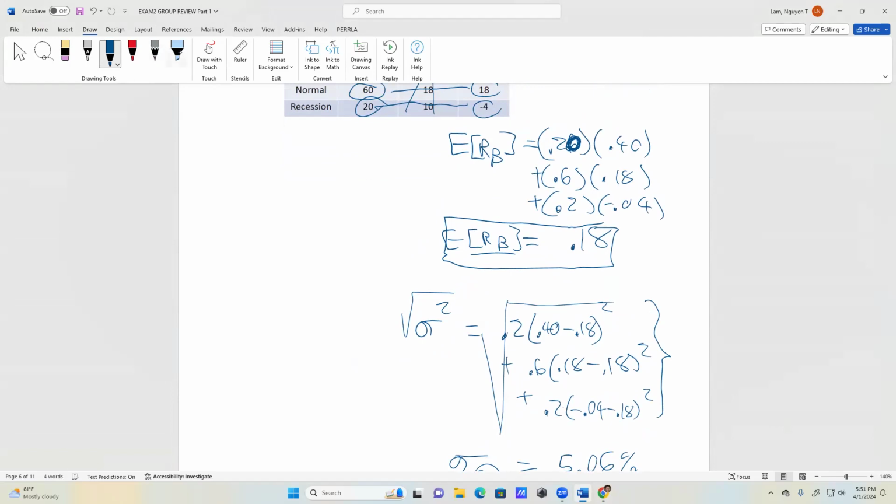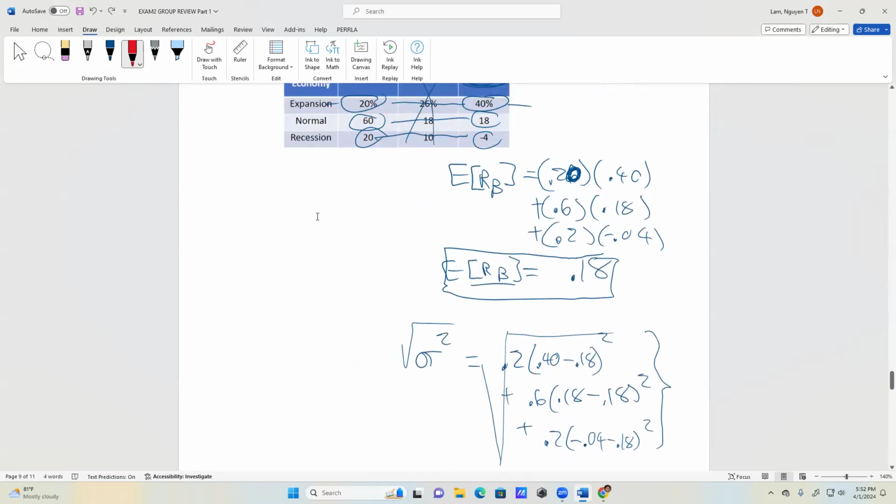And just a reminder, if it doesn't give you the probability, don't panic, right? We just divide everything by 3 because it's happened 1 thing, 2 thing, 3 thing. So we just divide by 3 and then take a square root afterward. Okay. All right. And that is just for stock B.